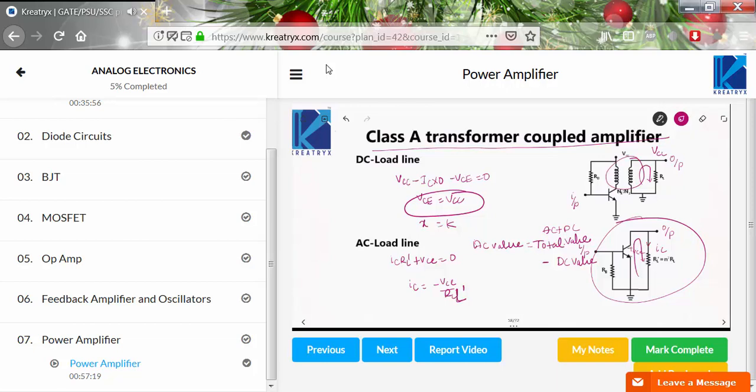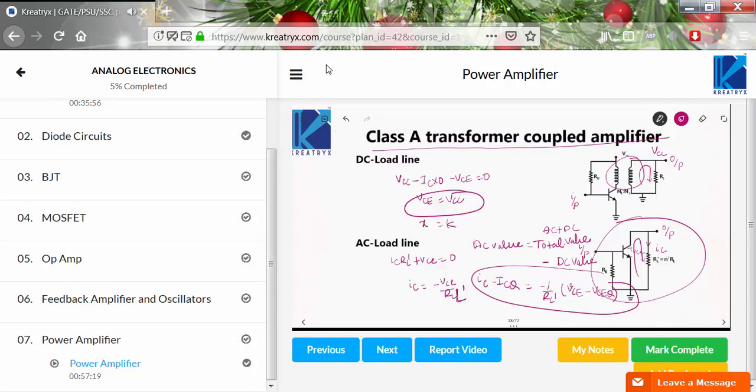Now IC minus ICQ equal to minus 1 by RL dash into VCE minus VCEQ, right? See, this equation represents the AC load line having a slope of minus 1 by RL dash and it passes through the operating point.